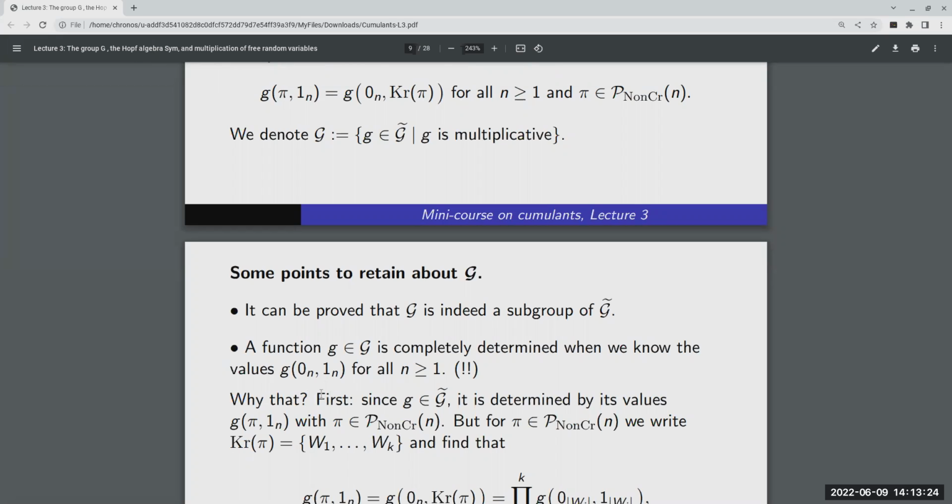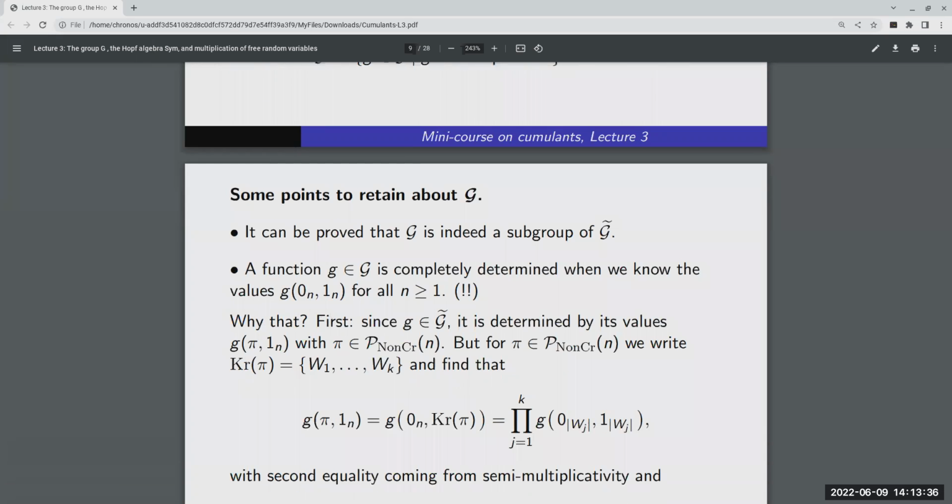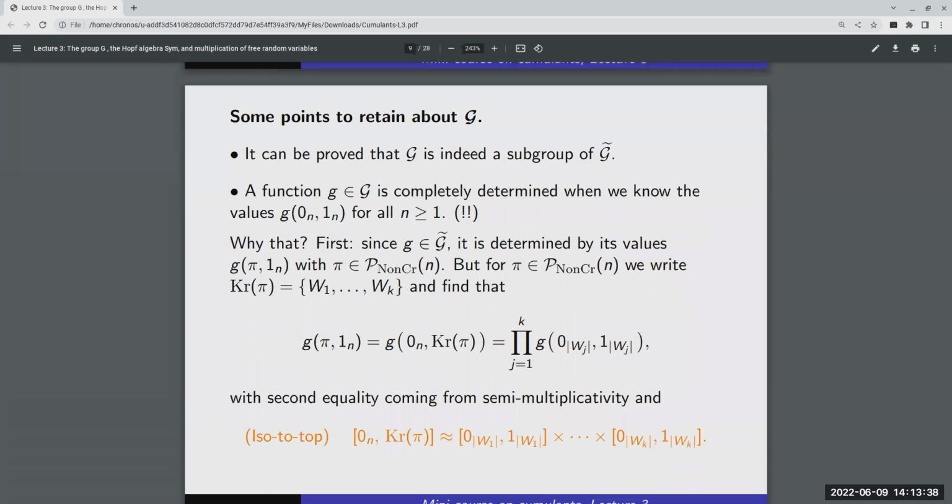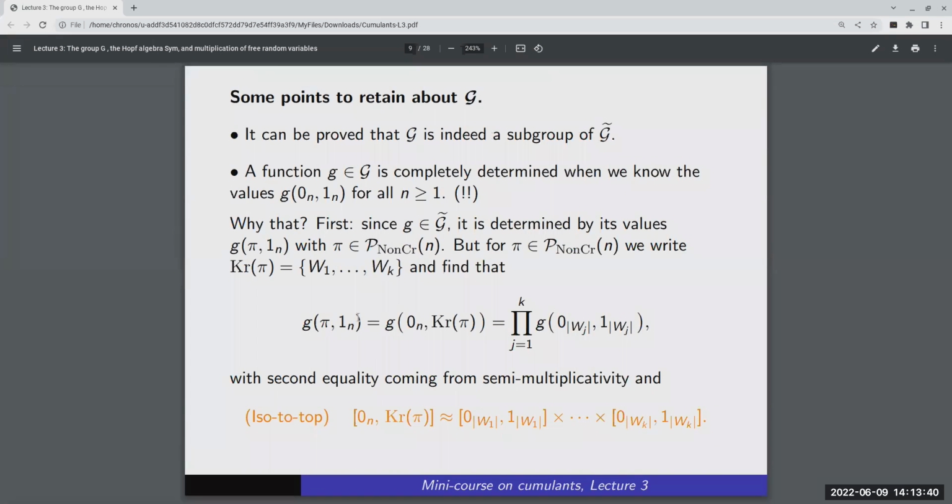So 0n, 1n, the interval from bottom to top, is the full lattice of non-crossing partitions of 1 to n. And why is G completely determined by that? Well, first of all, it is semi-multiplicative, so we knew already that it is determined by the values G of pi to 1n for various pi's.